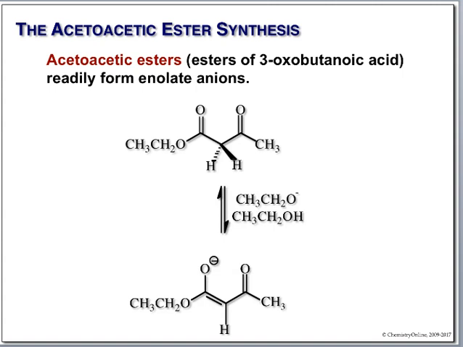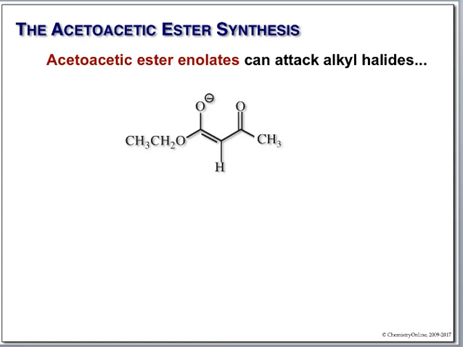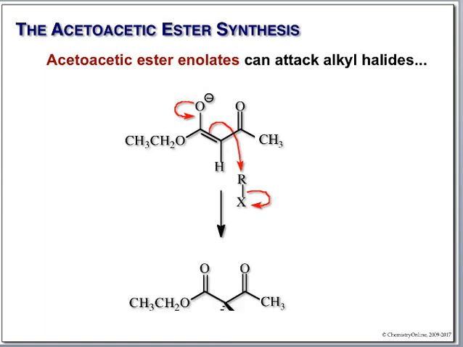Now the enolate anion, just like we've done before, we can use as a nucleophile with an alkyl halide. Alpha carbon will attack, leaving group will leave, and we get this stuff. All right, well that's not surprising. That's the same chemistry we've done over and over.